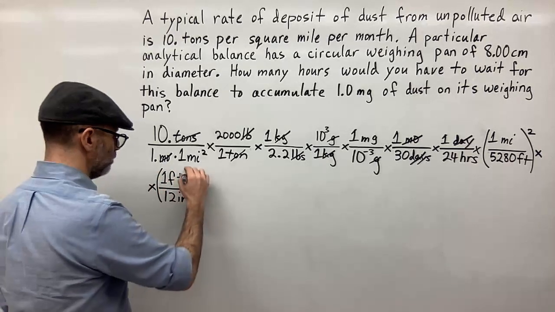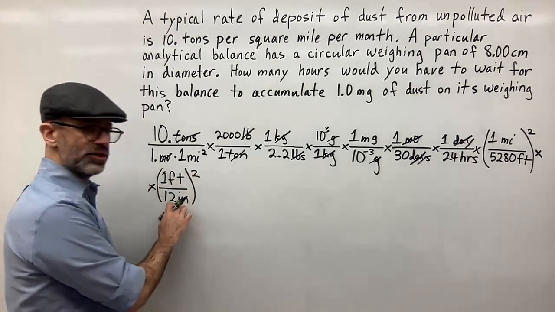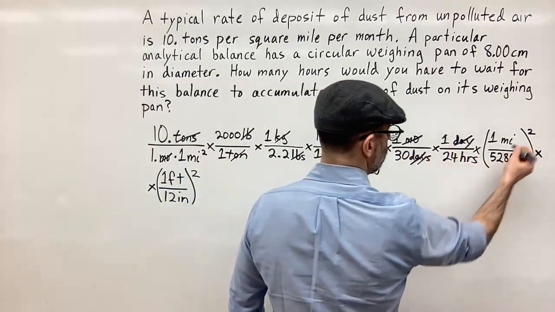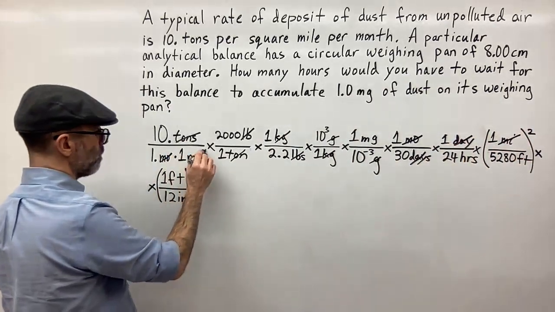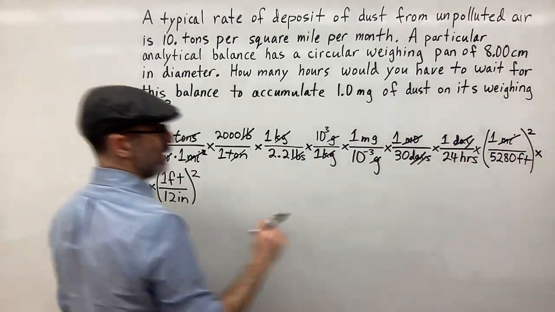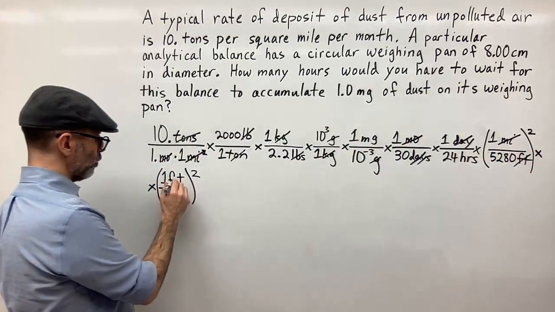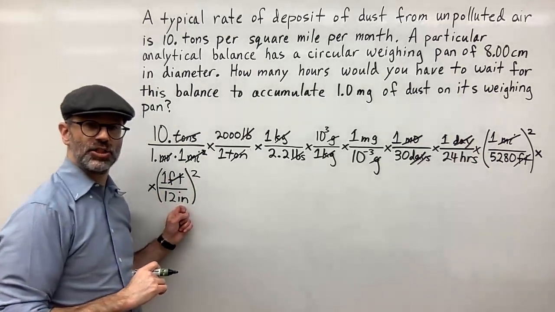And again, I'm going to square that because I want square feet over square inches so that this will cancel out. So here, miles squared is going to cancel out with miles squared there. And now feet squared is going to cancel out with feet squared here. And now I have inches squared.